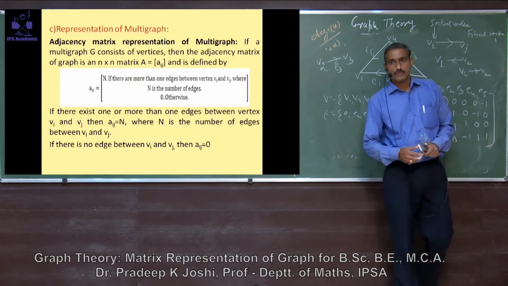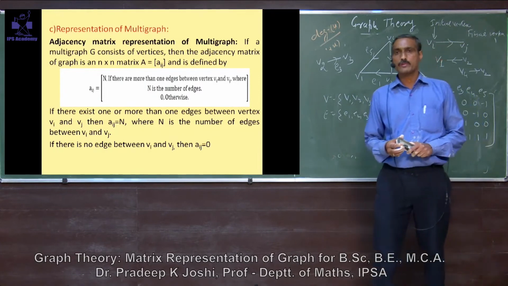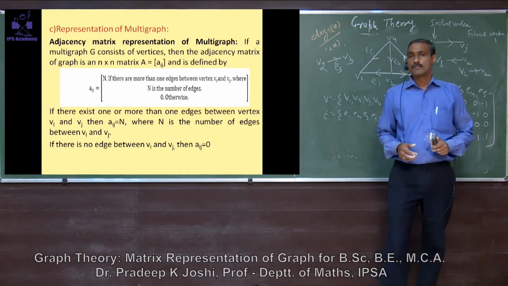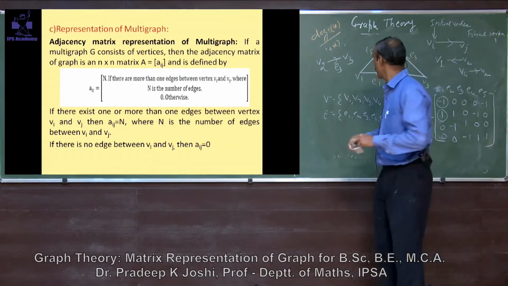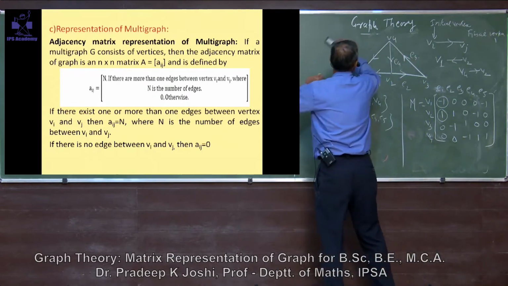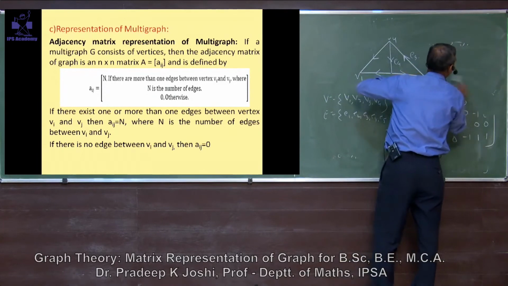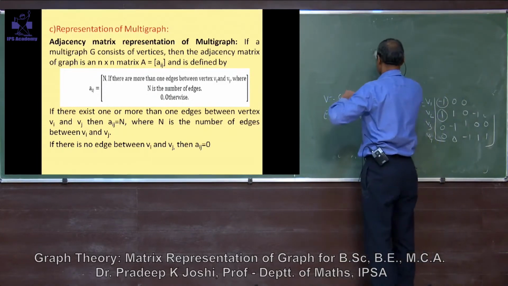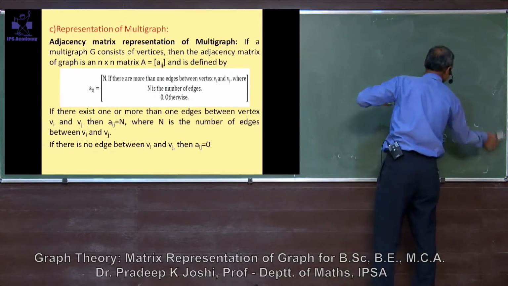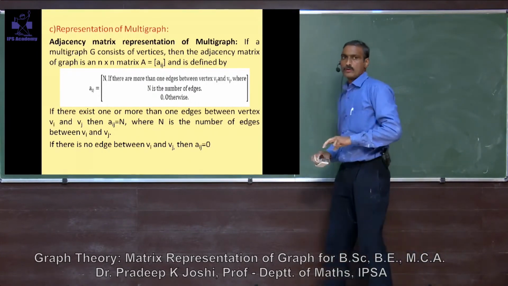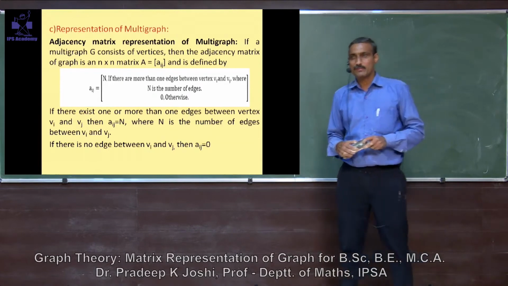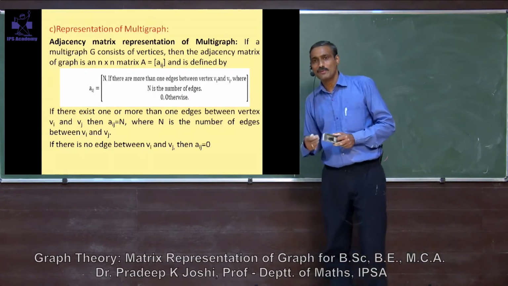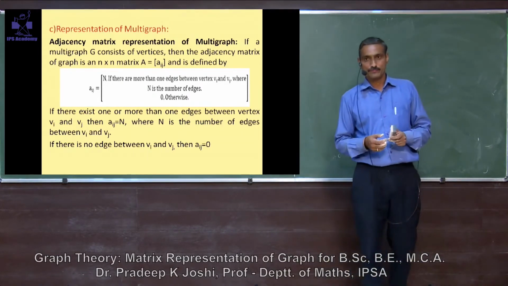Now we have discussed the incidence matrix and adjacency matrix for simple graph and directed graph. Now we discuss it for multigraph. The definition of multigraph: we have discussed simple graph and directed graph, so what is a multigraph?